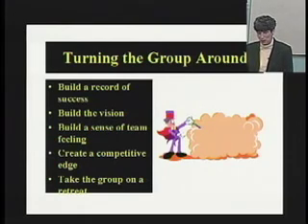Building the vision. Get that goal orientation out there. Let people know where you want them to be. And buying into the vision. This is an important goal. This is where we want to go as an organization.